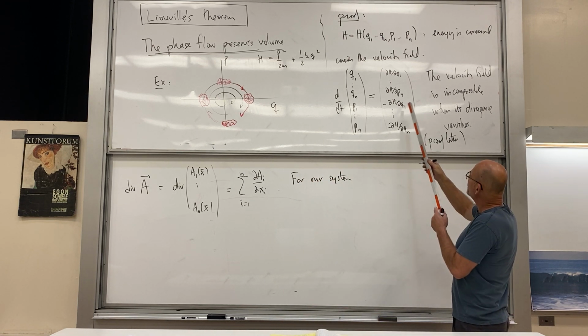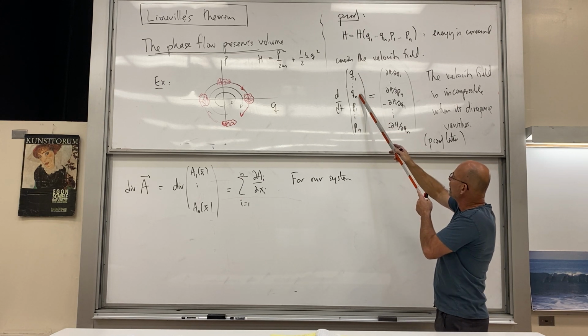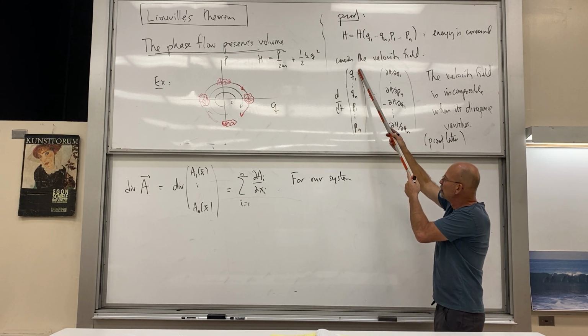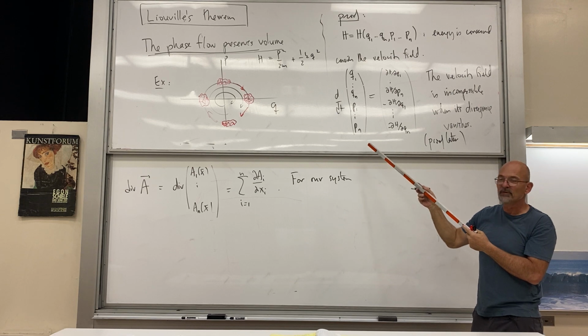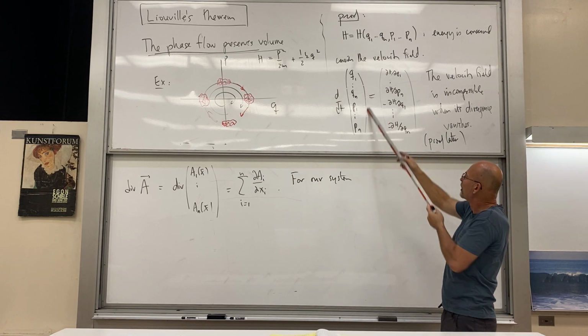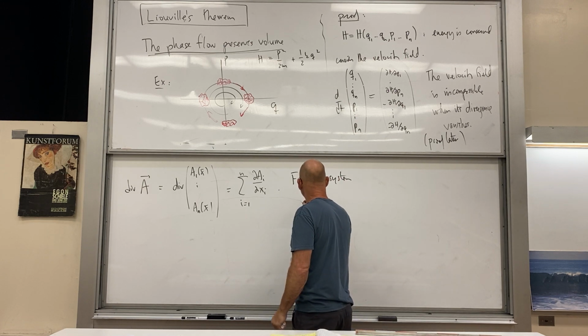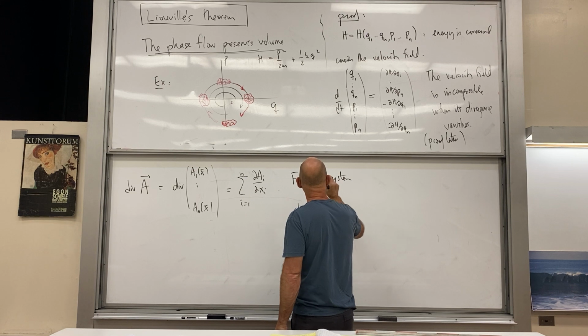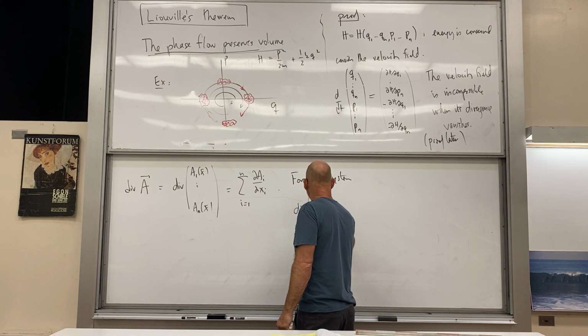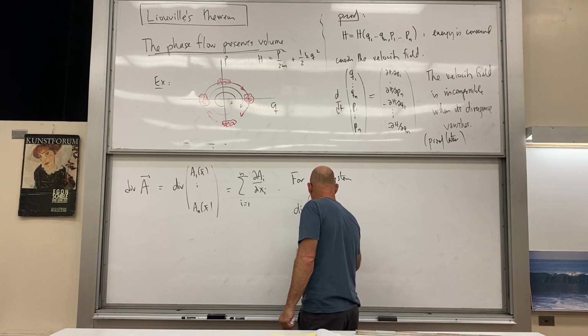We have two kinds of variables. You have q1 to qn and p1 to pn, but that's a 2n variable vector. A 2n component vector. We have the divergence of q1 dot all the way down to pn dot.